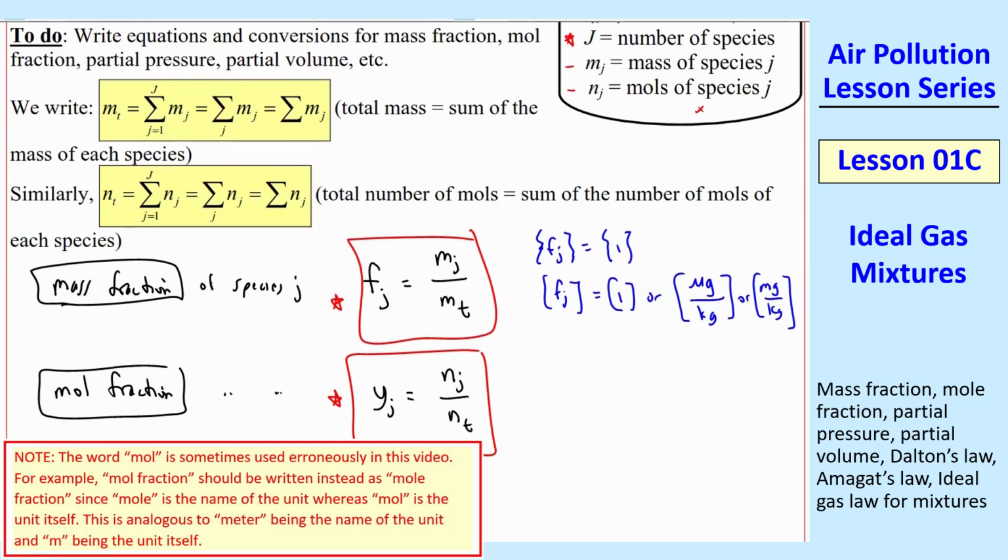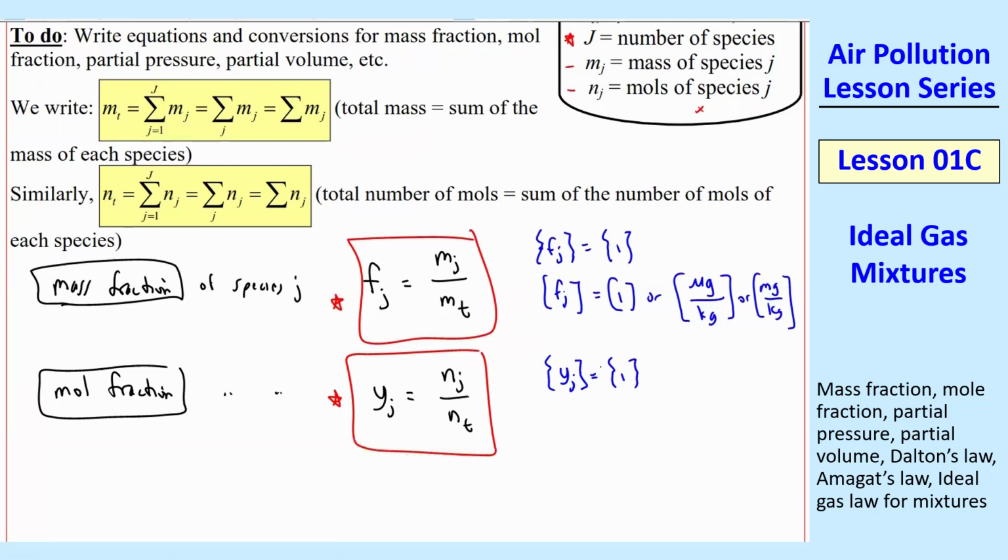And again, keeping consistent with how I like to always do units and dimensions, the dimensions of y_j are 1, it's dimensionless, and then the units of y_j are also 1, or people like to do parts per million, since these are typically very small numbers, or parts per billion, ppb.